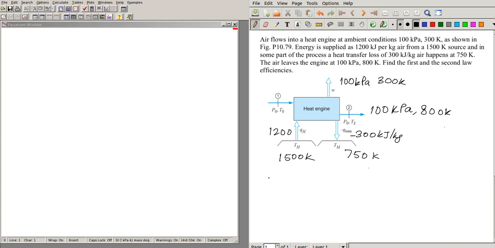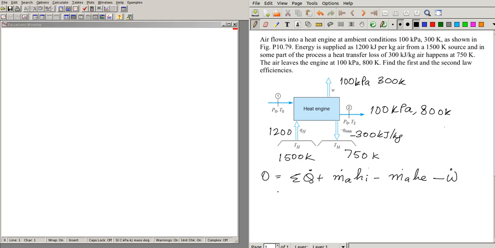If you write down the first law for a steady state steady flow process with all the heat transfers accounted for, we have 0 equal to summation of Q dot plus m dot air h_i minus m dot air h_e minus W dot, where we have neglected the kinetic and potential energy changes as air passes from state 1 to state 2.